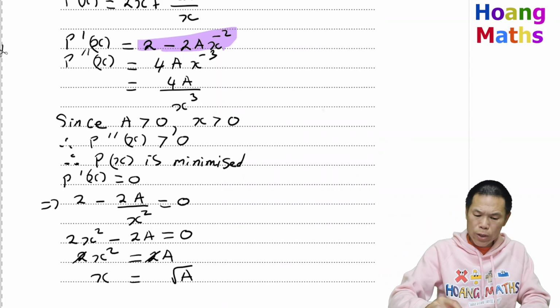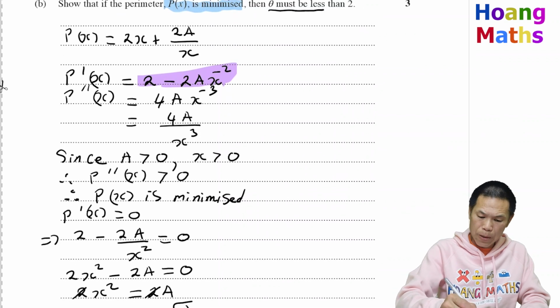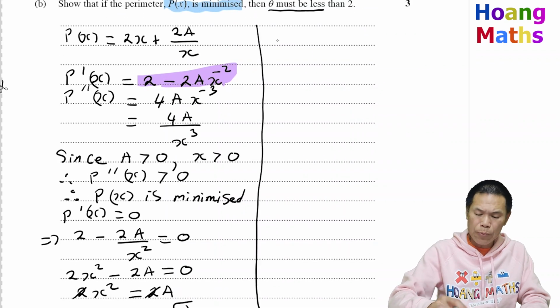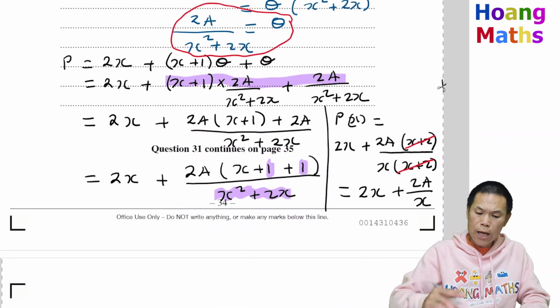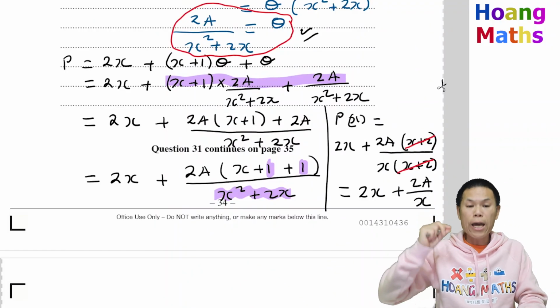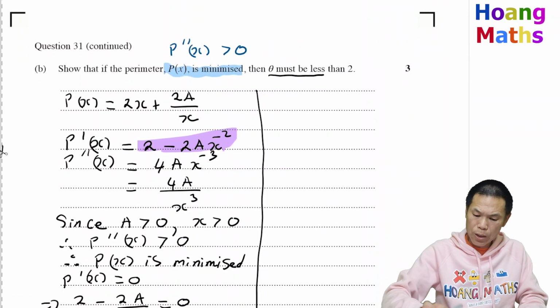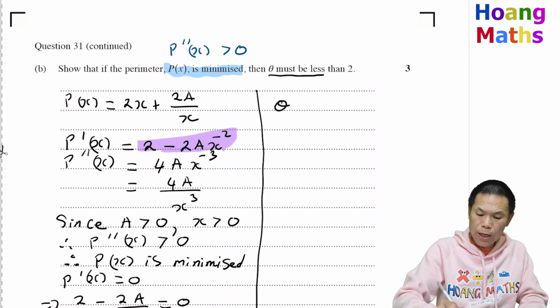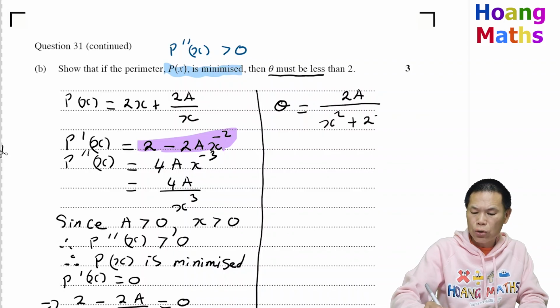So now we can find the angle theta. So let me just draw this down. So angle theta is this one here. So 2a over x squared plus 2. So let me write this down. Theta is 2a over x squared plus 2x.